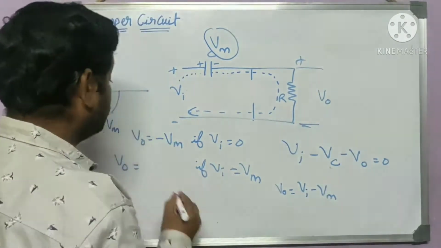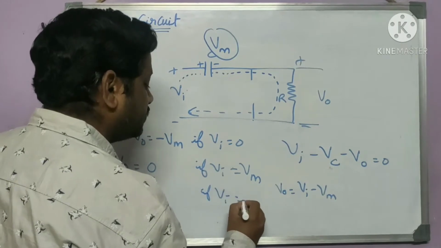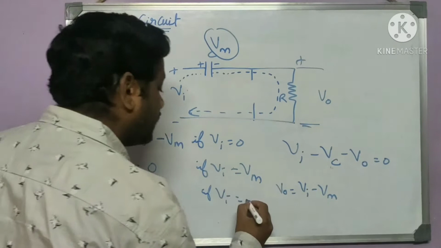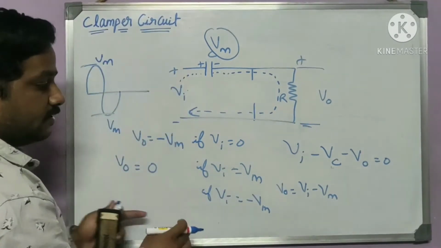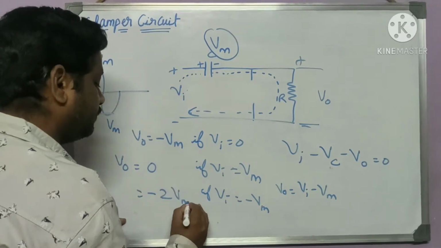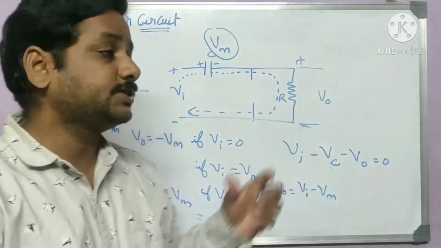Vm minus Vm, it will be 0. If input voltage is negative Vm, at the negative cycle, then minus Vm minus Vm, we get minus 2 Vm. This is the output we are going to obtain for this circuit.